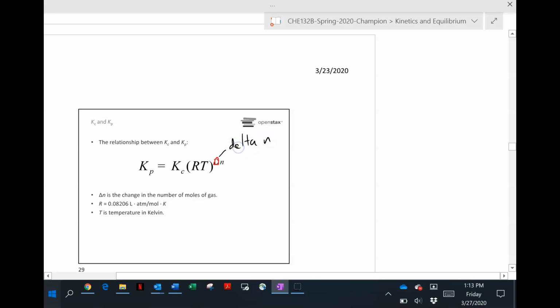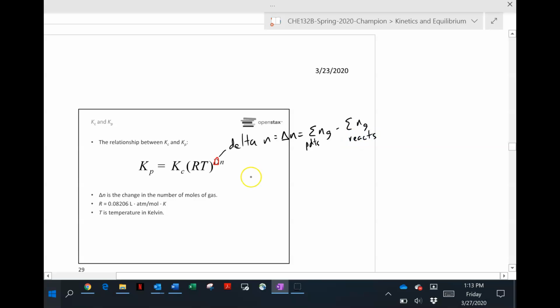And delta n is the change in the moles of gas. So you have the sum of the moles of gas of your products minus the sum of your moles of gas of your reactants.